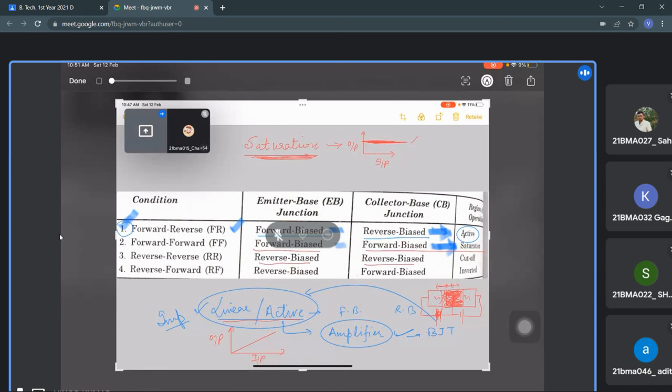Yes, sir. And both the PN junctions they are in the off state, so ये off हो जाएगा. So this is cut off basically. That's why its name is cut off.